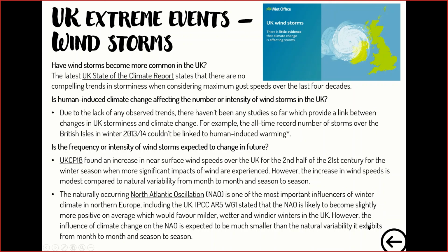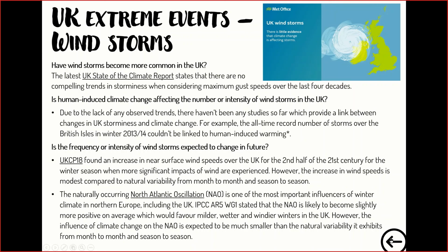But that's still nothing compared to the natural variability that we're seeing at the moment. So yes, there is a slight trend linking this to the carbon cycle, but nothing concrete in terms of our area at the moment with this.